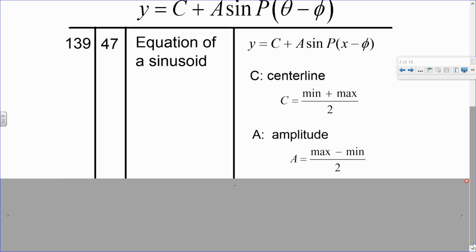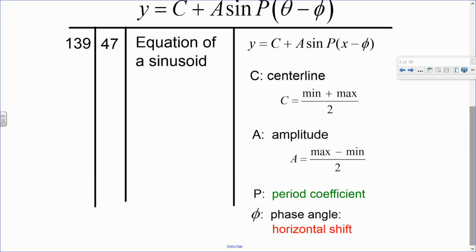Today we are going to talk about p, something we call the period coefficient, and phi, something we call the phase angle. We know that it is a horizontal shift. We call it phase angle because when we're talking about sinusoid graphs, the horizontal axis is either radians or degrees, but it's always angles.